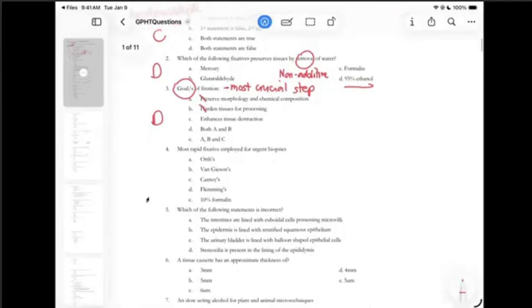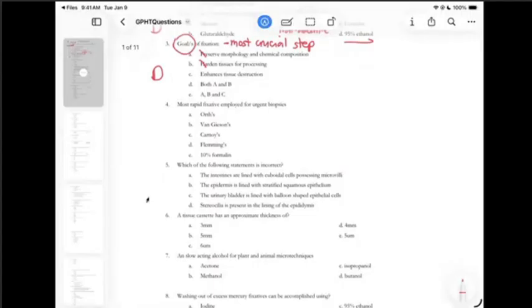Number four, what's the most rapid fixative employed for urgent biopsy? So definitely that's letter C, your carnoy's. Carnoy's is considered as the most rapid fixative. It would take more or less around 1 to 3 hours if you are using carnoy's as a fixative.